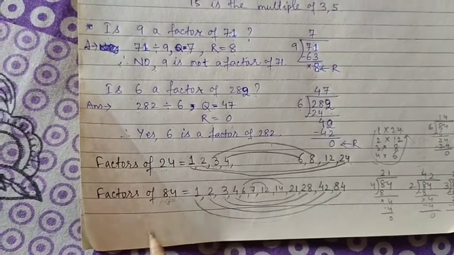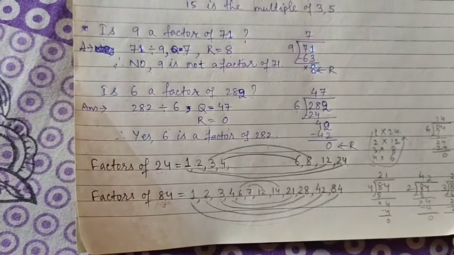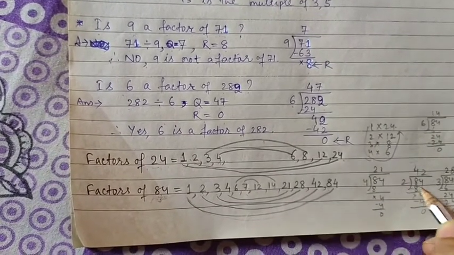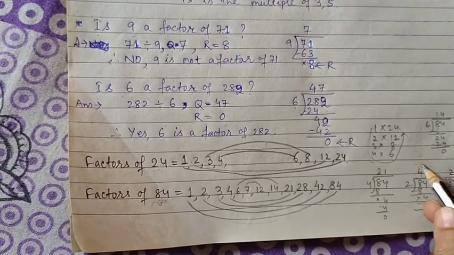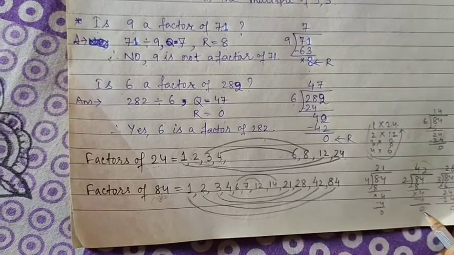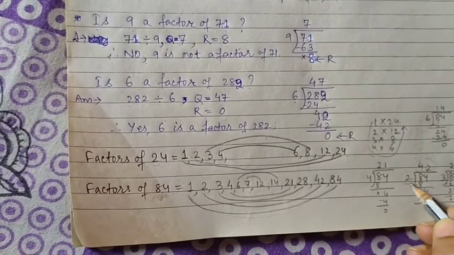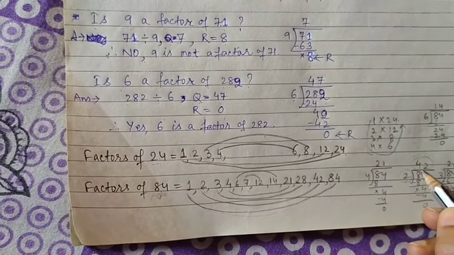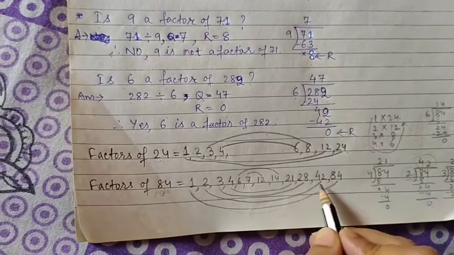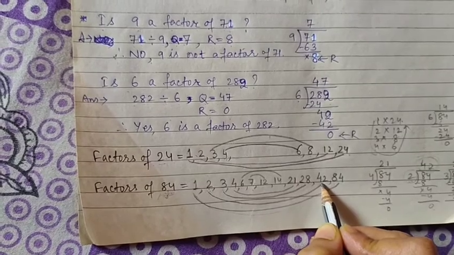So how to find? Orally अगर नहीं पता चल रहा है, so you divide 84 divided by 2. So you get quotient 42, remainder 0. So means 42 2s are 84. So one member is 2, another member is 42. So 2 you write here, 42 write this side.